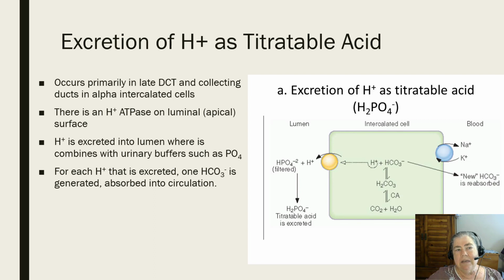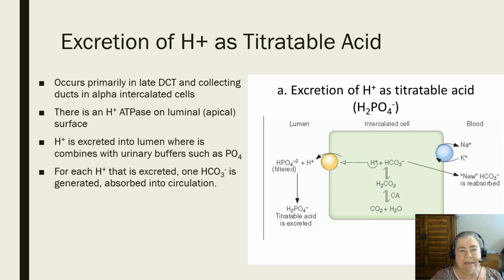Now, I mentioned the excess hydrogen ions that we make every day as a result of eating protein, and we have to excrete them. And there are two ways that we excrete them. One way is called titratable acid.